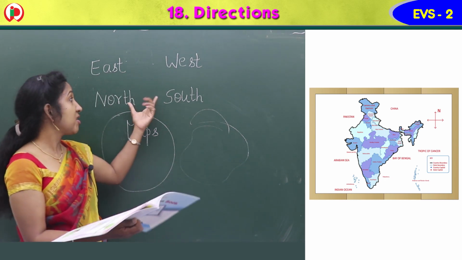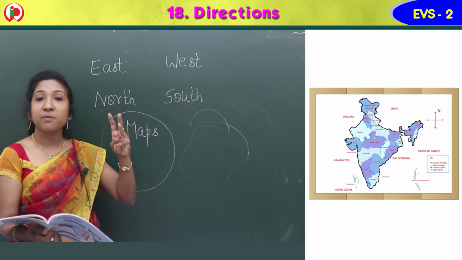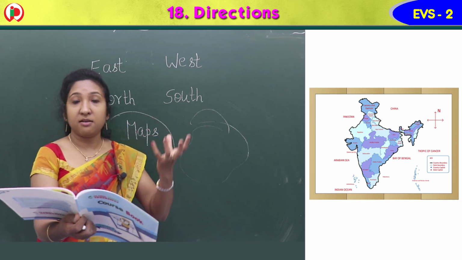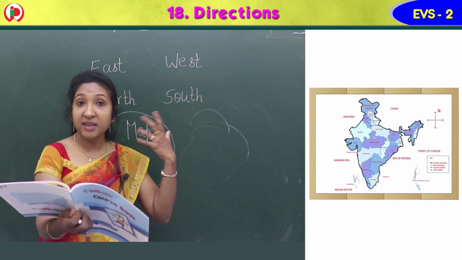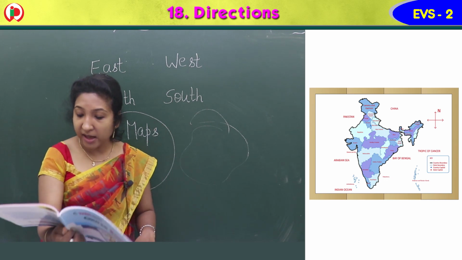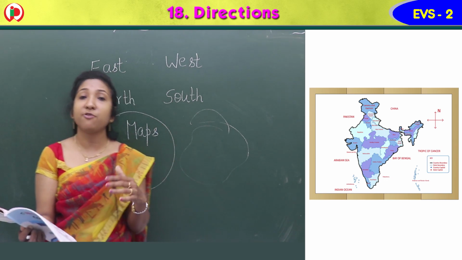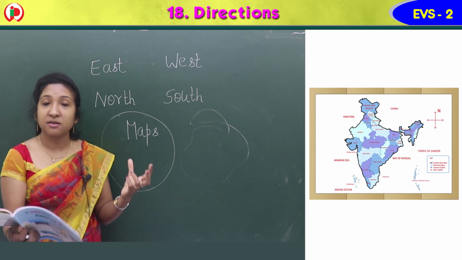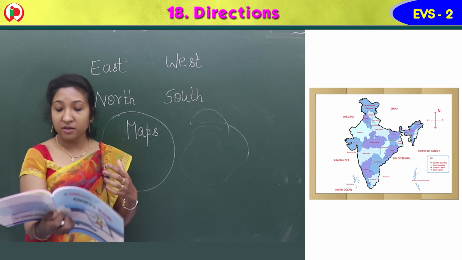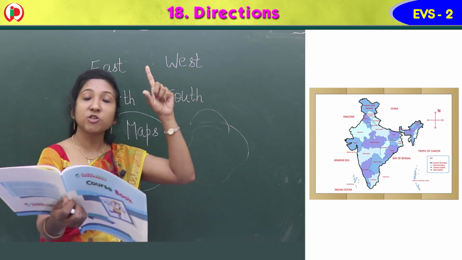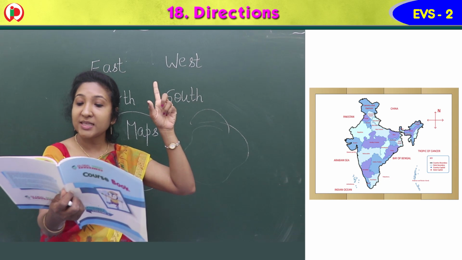So these directions help in reading a map, because on a map the directions are marked in a different manner. In a map, the top of the map always points towards north.